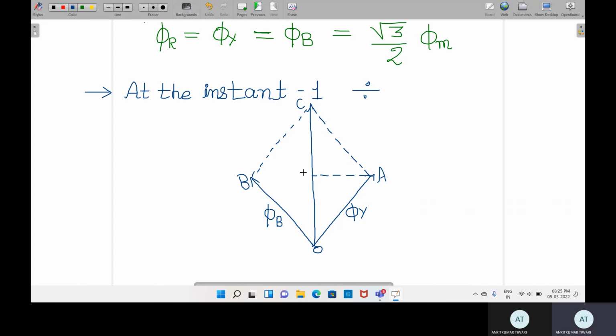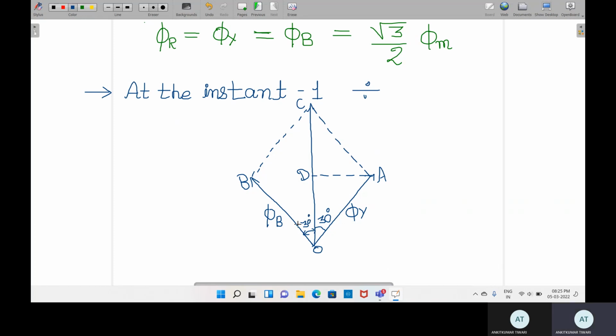So OC will be divided at OD. Now there is a difference of 30 degrees between OA and OD, and there is also a difference of 30 degrees between OC and OB.